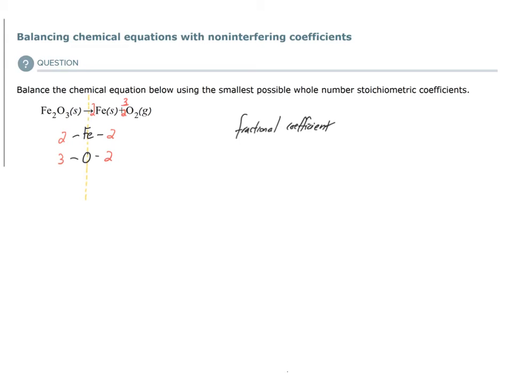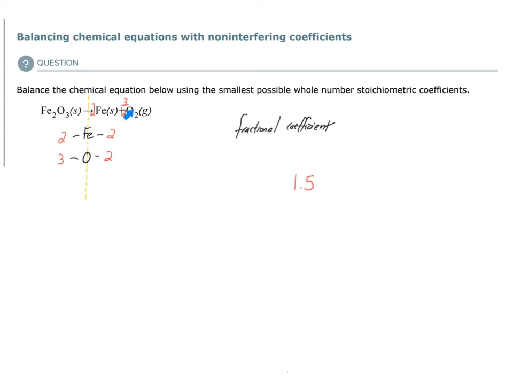Well, how does this work conceptually? If I need 3 oxygen atoms over here, and if I put the fractional coefficient as 3/2 over here, what is 3 divided by 2? 3 divided by 2 is 1.5. Well, if I want to calculate total oxygen atoms, what do I do? Subscript, or atoms, times coefficient.